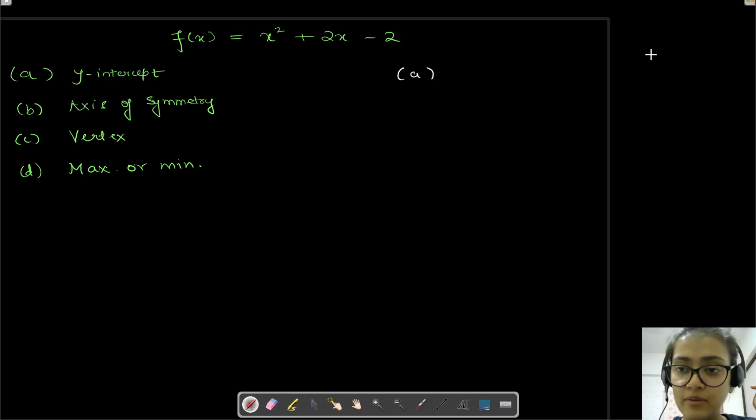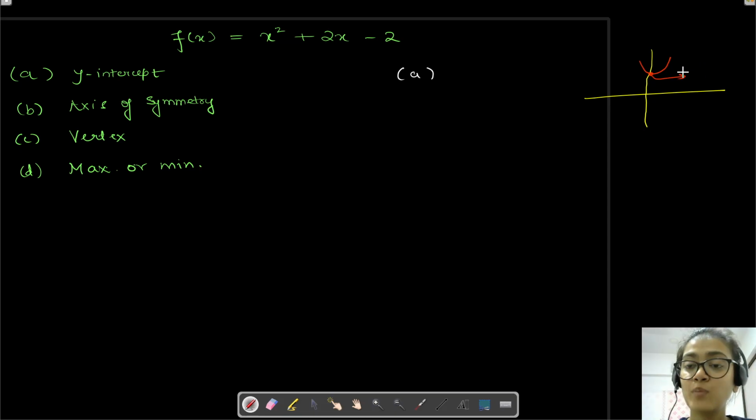So for example, if these are my axes and the parabola is like this, it's touching the y-axis at this point, and since this point lies on the y-axis, its x coordinate is going to be 0, right? Because every point on the y-axis has its x coordinate as 0. So this point is of the form (0, y).